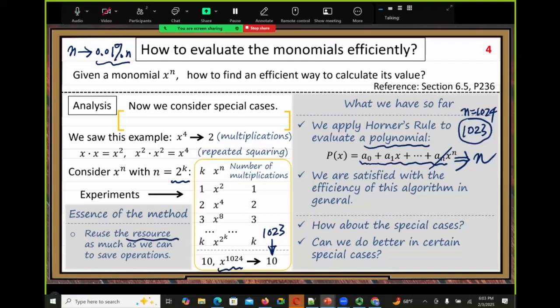When we apply our first multiplication to calculate x squared, then x squared becomes our resource. Why? Because x squared is useful, and something useful we treat as a resource. So when we calculate x to the fourth, can we use our resource x squared?